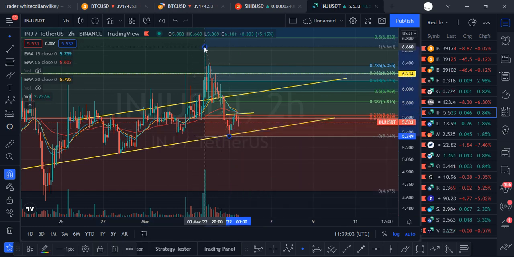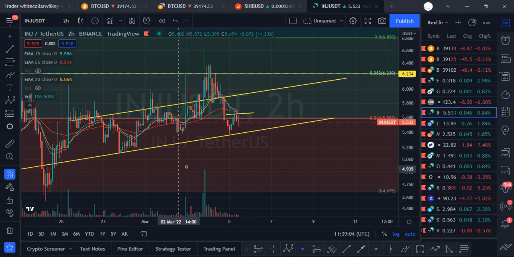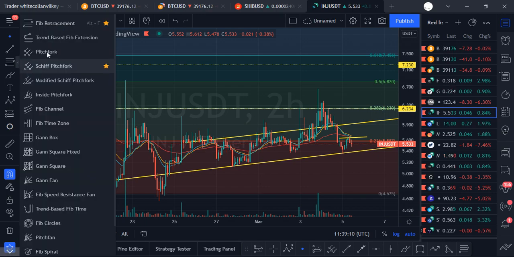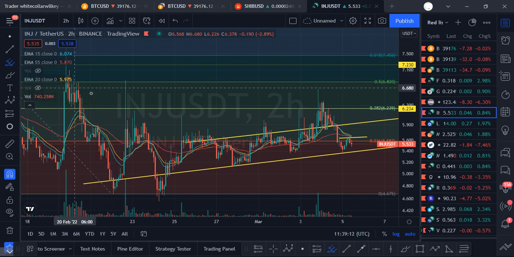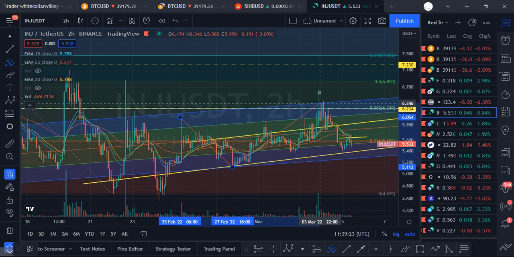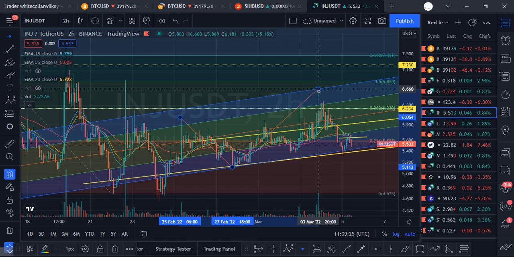Got to put in a pitchfork. Let's try pitchfork. From that point down, up.